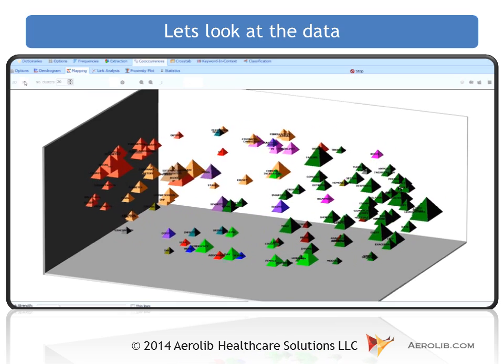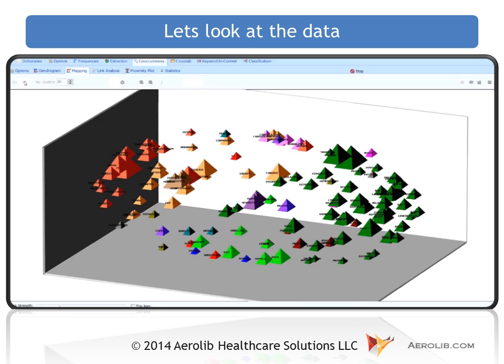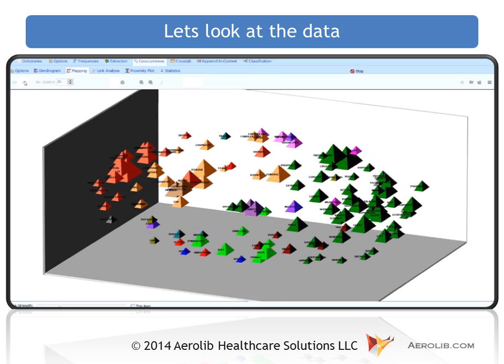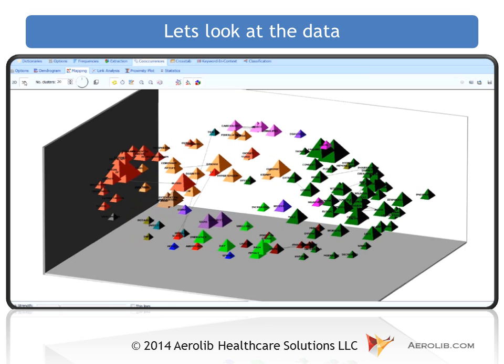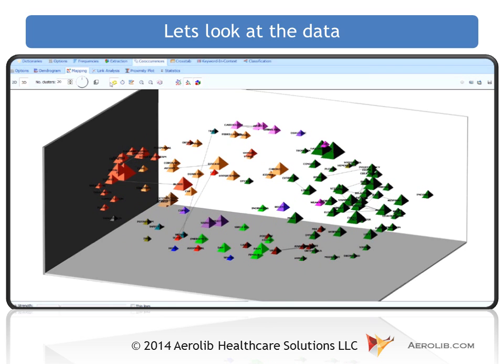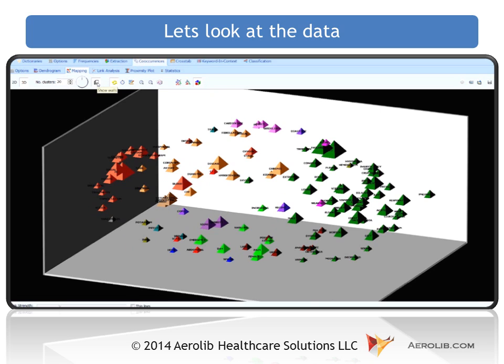This is a 3D model where the words are being arranged across the data of those 45 H&Ps. Again, the size of the pyramids is the frequency of the words used. We'll play around with this, do some linkage analysis, and see how strongly those words are associated.